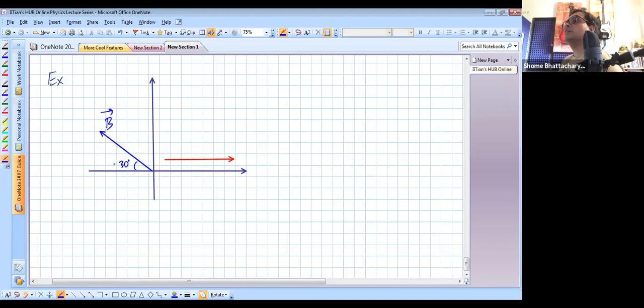This time let's take that as B, and this is of magnitude 40, whereas our new vector A this time is along the positive x-axis and its magnitude is 50. So again we want to find out A dot B. So they are in the same unit.